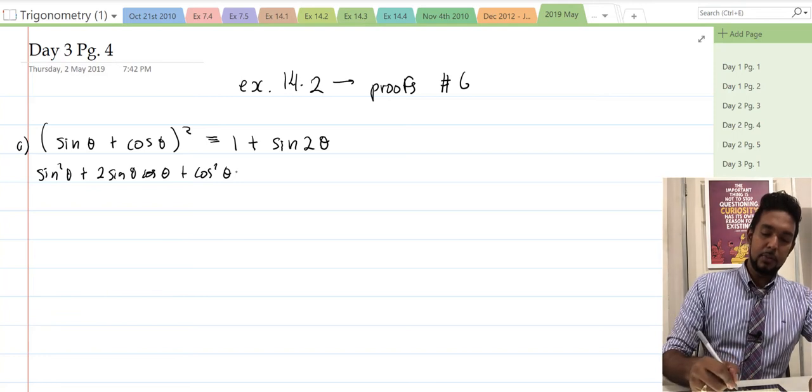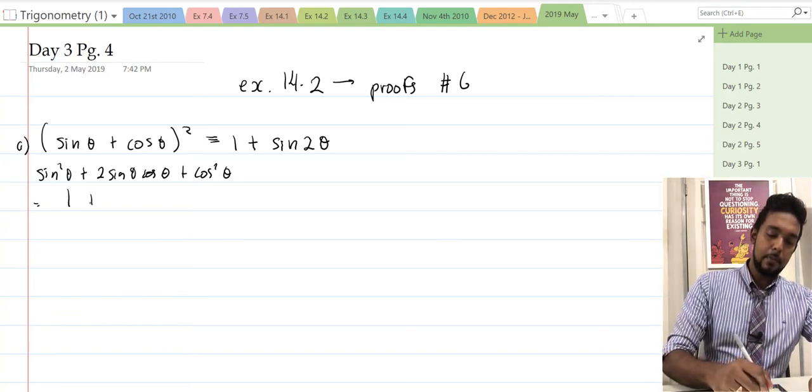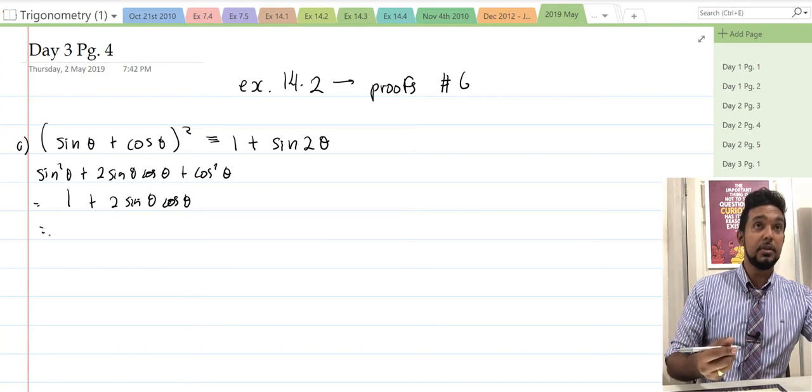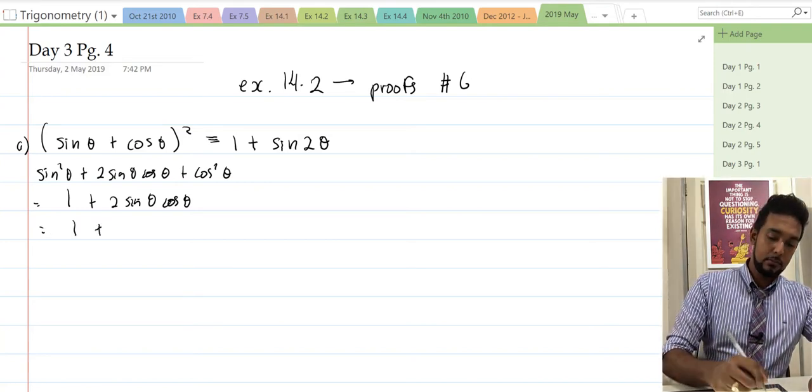And we know that sine squared plus cos squared will give us what? 1, right? And we know from our work that 2 sine theta cos theta is equal to sine 2 theta, not so?